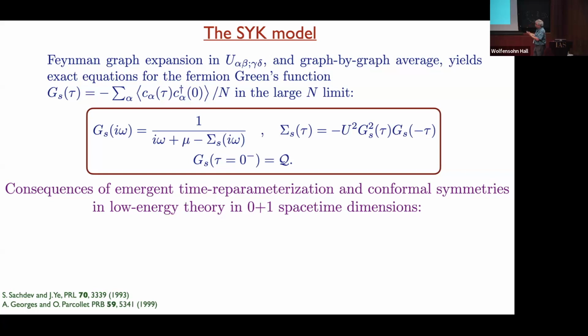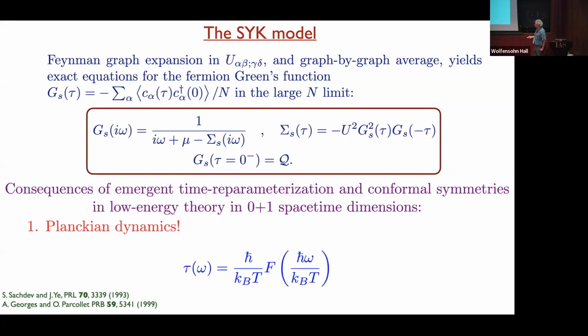And so using arguments based on that, and also by explicit solution in '99, you can see that, I'm just writing it this way, anticipating what we're going to say later, that basically if you go to finite temperature, all observables scale in the sense that the natural energy scale is only temperature and not U. So there's some scaling function here, which depending on how you define tau, you can compute.